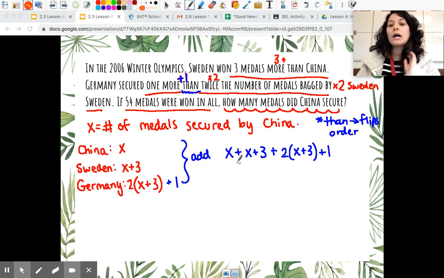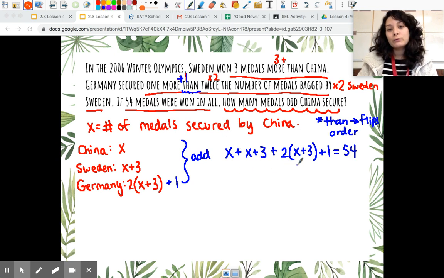So here's my entire algebraic expression for my equation, and this has to equal 54 since that's the total number of medals. So quite a complicated looking expression, but again, if you take your time and break it down in steps, it's not too bad.